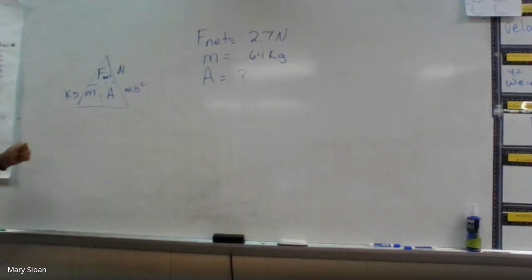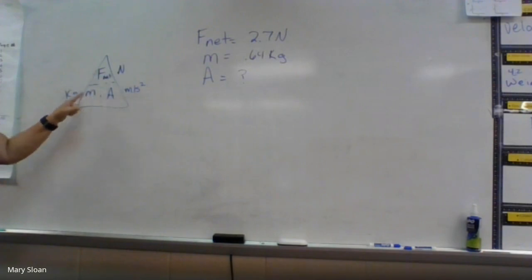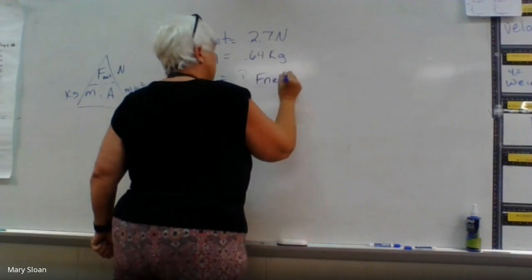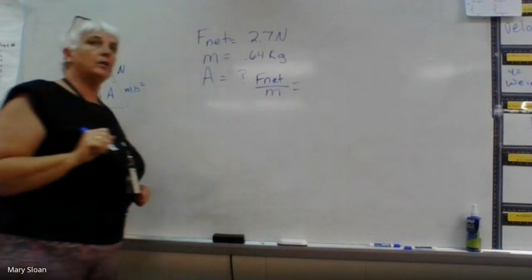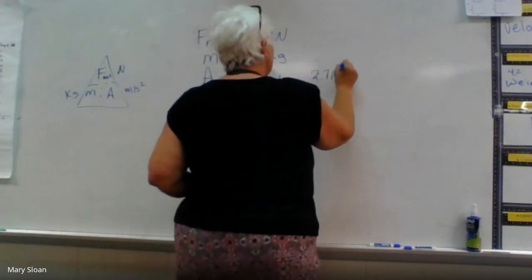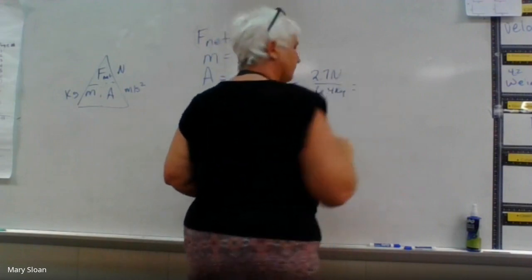Are you ready? It's going to be easy. Force net, mass. We're looking for acceleration, right? We put our hand over acceleration. What's our formula? F net over m is our equation. So we're going to do 2.7 newtons divided by 0.64 kilograms.